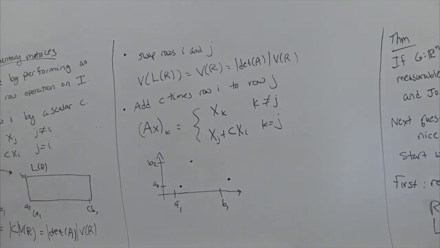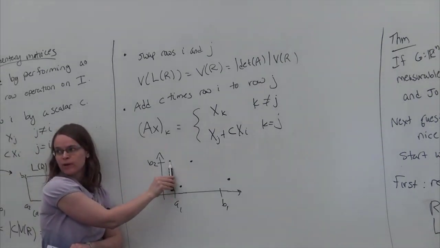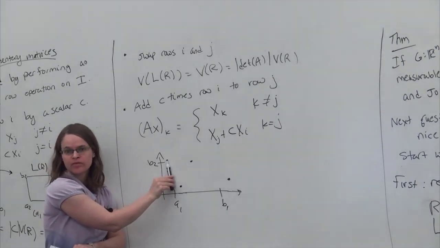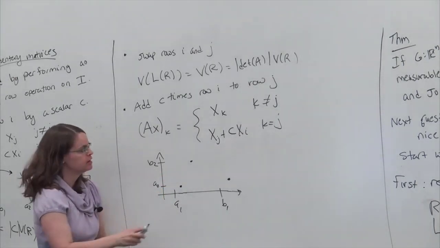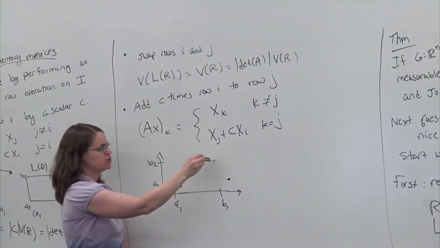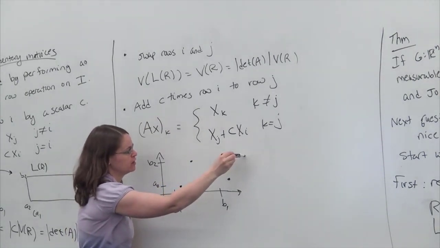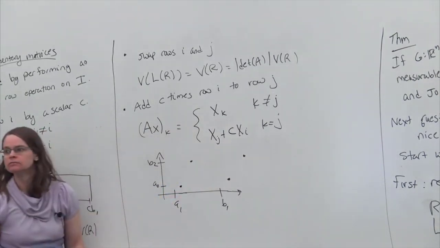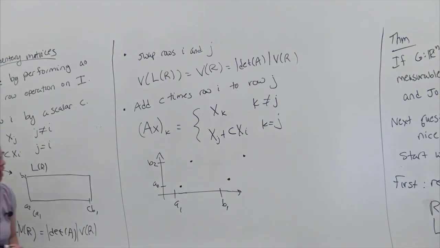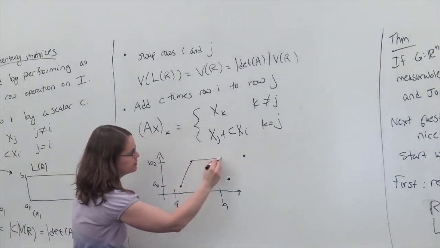I'm essentially taking my x component and adding C times my y component. So the bigger my y component, the bigger the shift. Same deal over here. I'm going to take my original location, B1, and add C times B2. So I'm going to get a shift over here. And at all the in-between points on my rectangle, the same thing is going to happen.